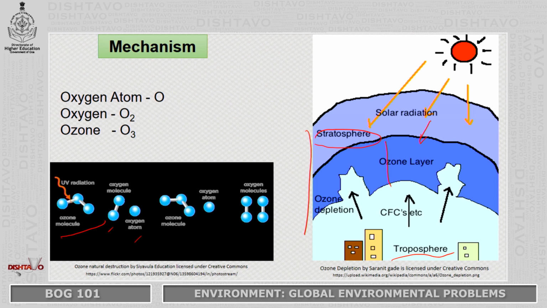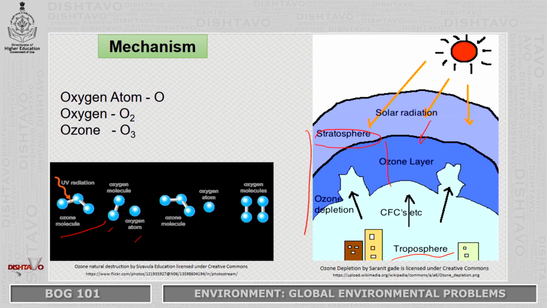And in this process, the ultraviolet rays that have come down give up heat, heating up the stratosphere. So this simple mechanism keeps taking place, and the ozone layer remains the ozone layer. There is no problem. This is the natural mechanism that is taking place.